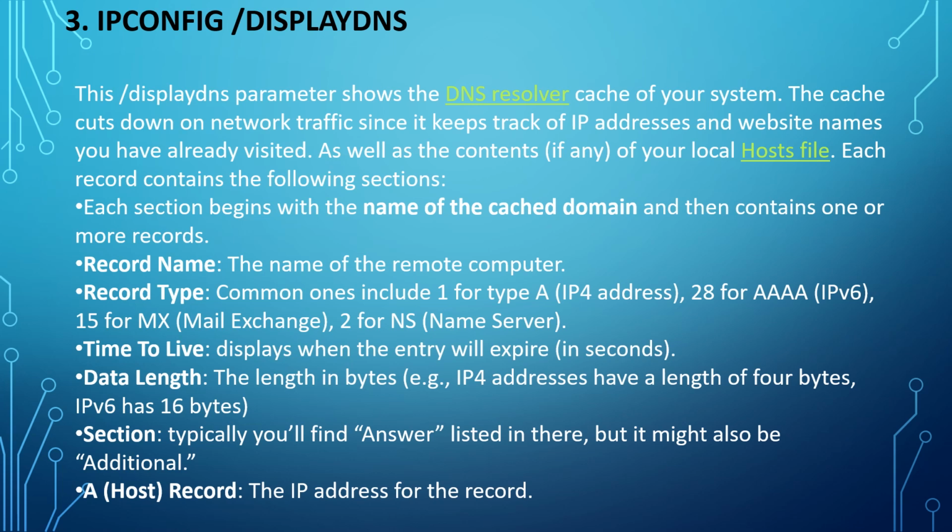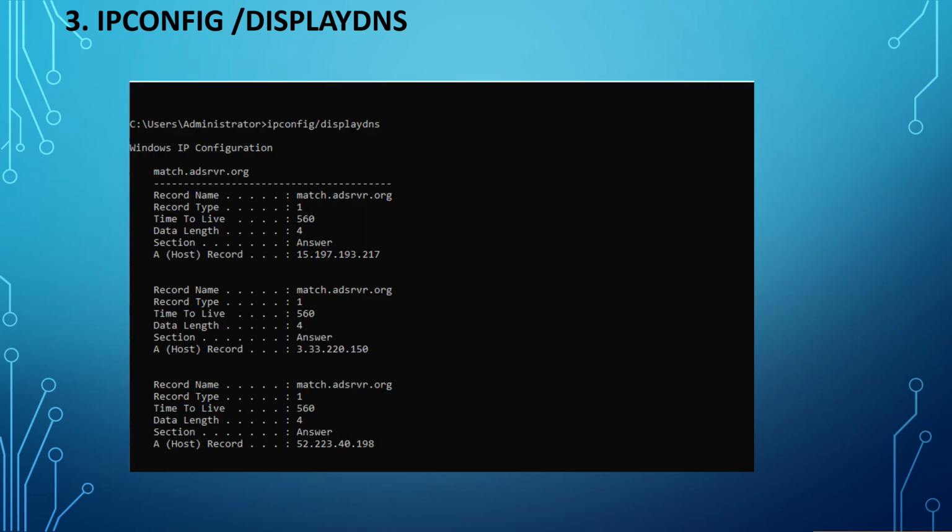Time to live, which displays when the entry will expire. The data length, or the length in bytes. Section, typically you'll find answer listed in there, but it might also be additional. A host record, or the IP address for the record. This is what you will see when you type ipconfig /displaydns.